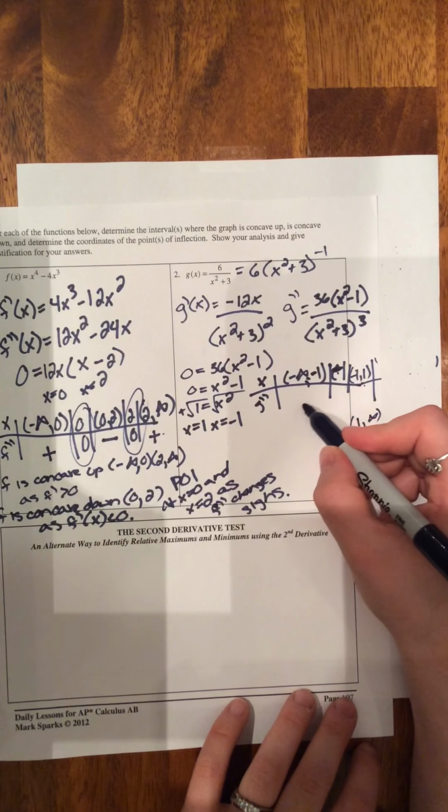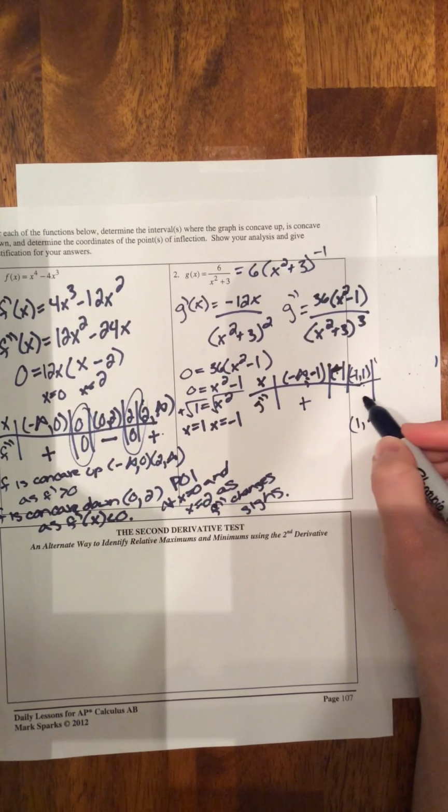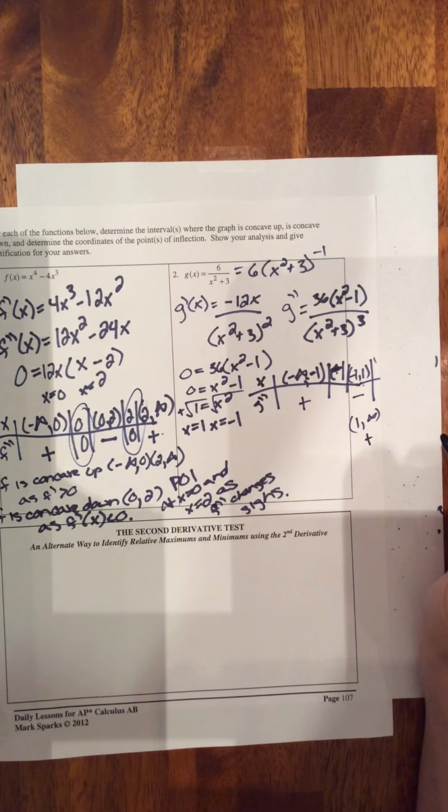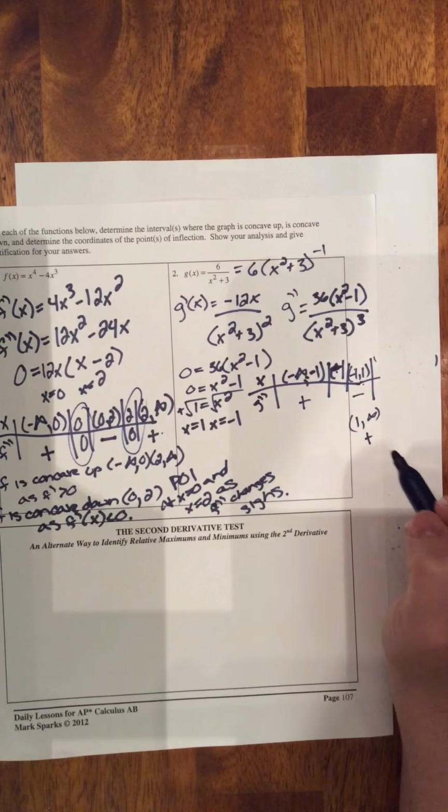And if you go through the sign chart, putting in a value for each, you should get positive, negative, positive again. You can stop and make sure that you get that same thing.